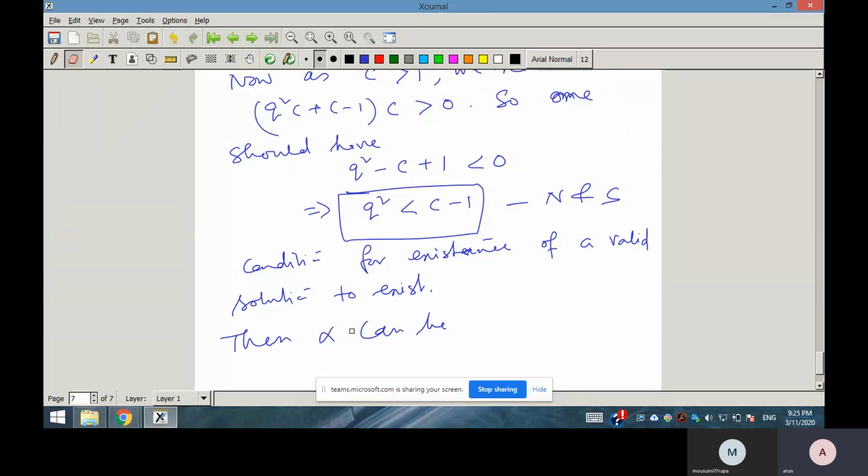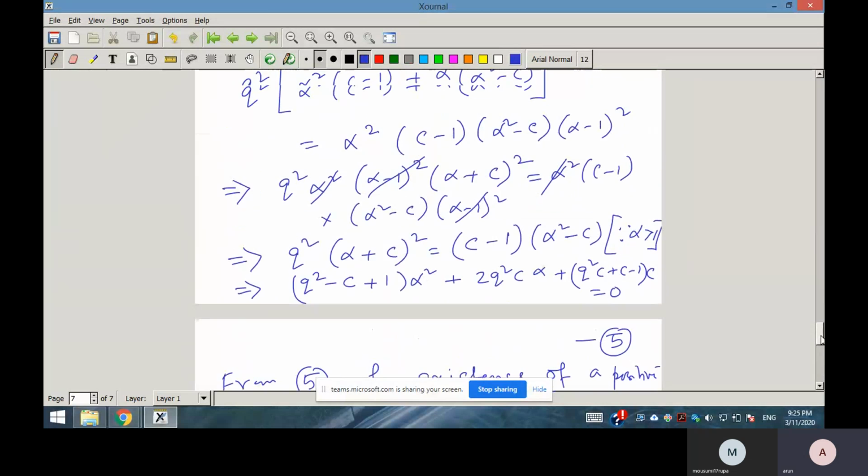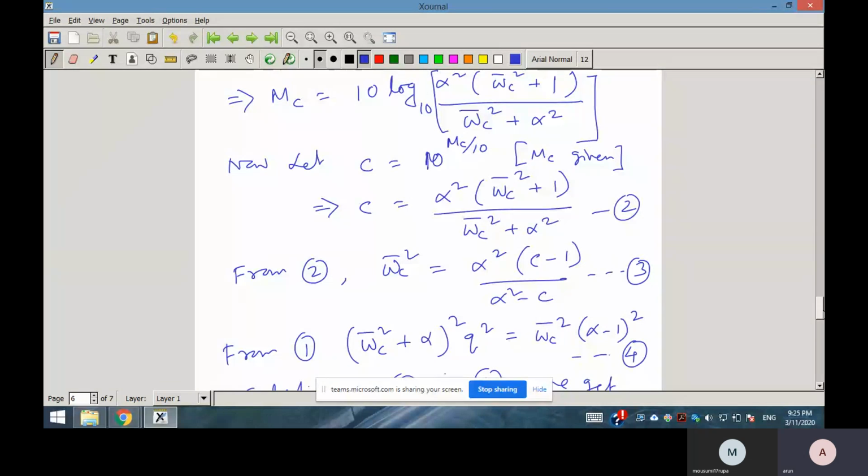Once alpha is determined, then A can be determined from omega bar divided by A equal to omega C. So here you see, how can you get A?